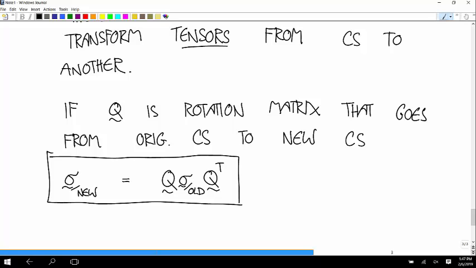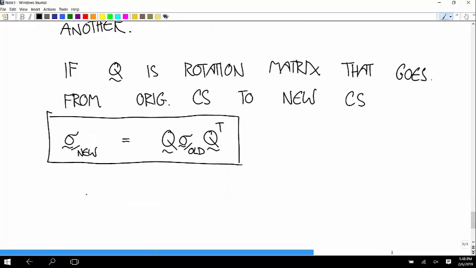So you need to left multiply by the rotation matrix and right multiply by the transpose.